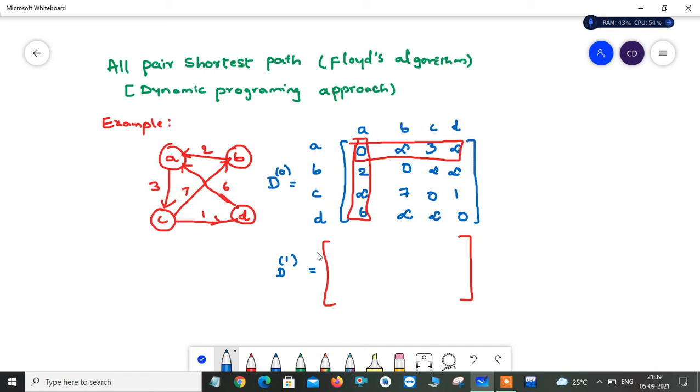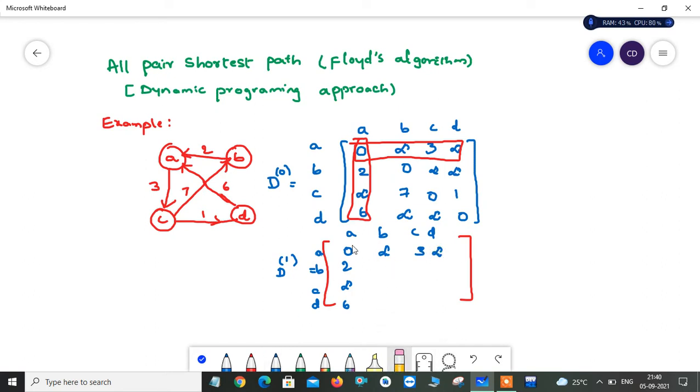Now simply you can write the row and column of A directly. Take A, B, C, D and here also A, B, C, D. So now I'll write 0, 2, infinite and 6, and here it is infinite, 3 and infinite.